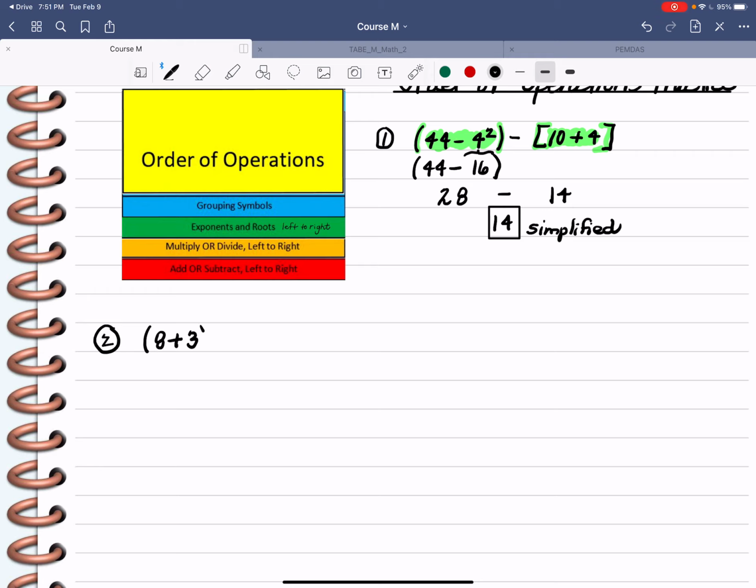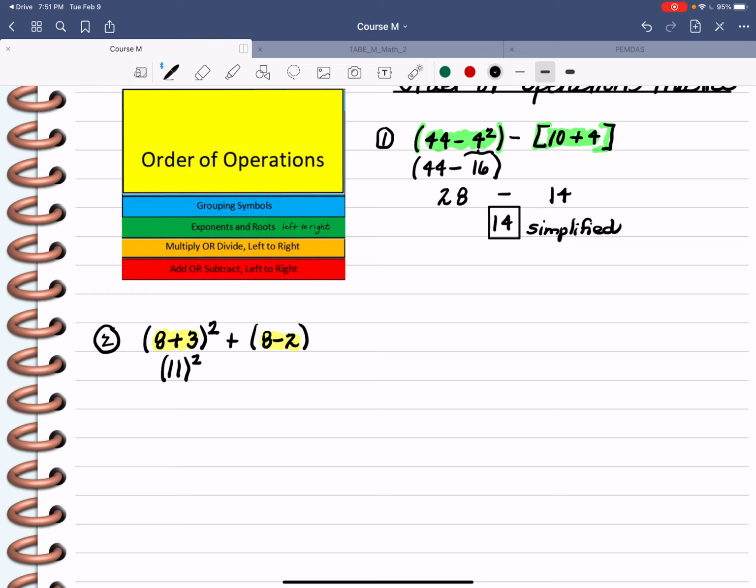So I have 8 plus 3 in parentheses, and all that to the second power, plus 8 minus 2 in parentheses. Parentheses must come first. We don't have a choice on that. So I'm going to do the 8 plus 3 to get 11, and I'm going to keep those parentheses because of that little 2.